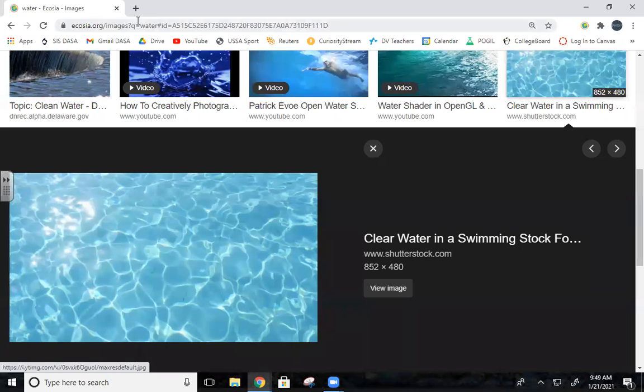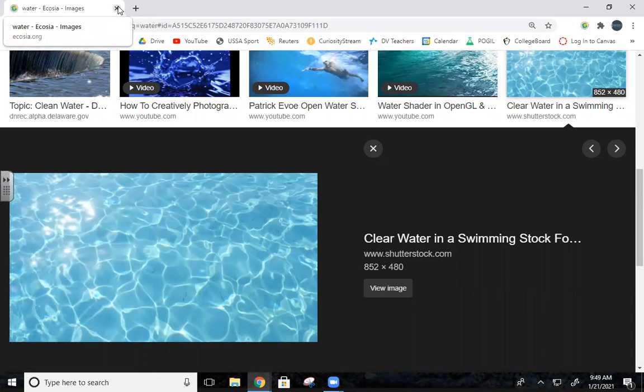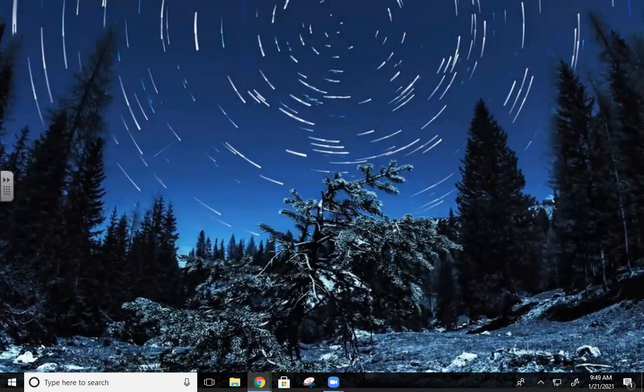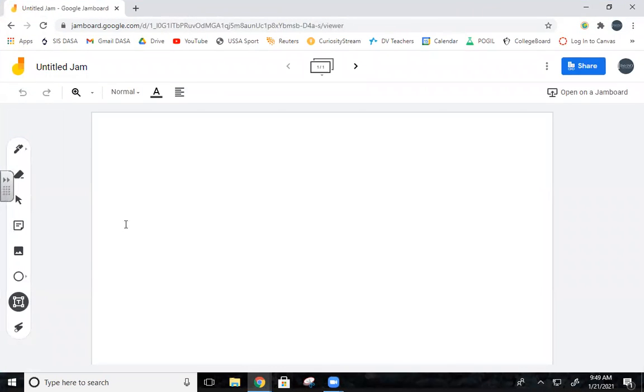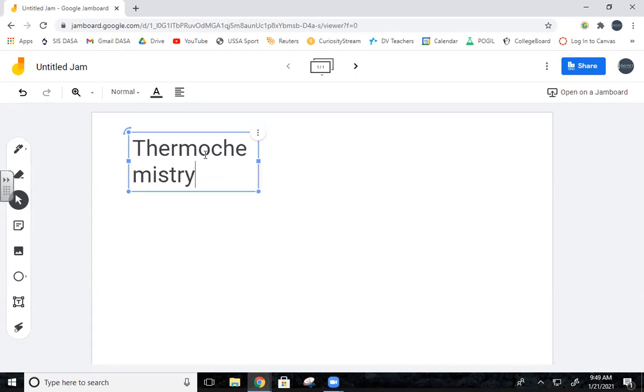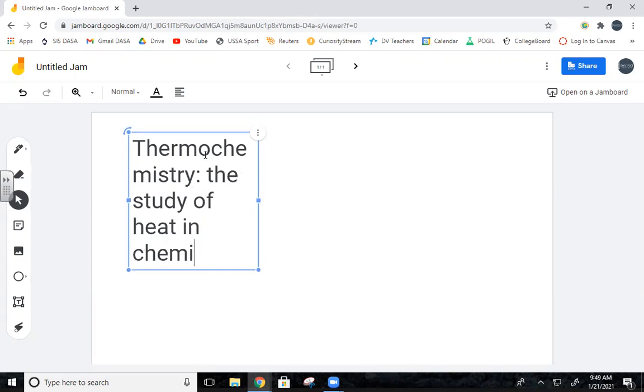But there is something in connection with thermochemistry, which again is just kind of the study of how heat and chemistry are connected, right? So thermochemistry, the study of heat in chemistry. All right.